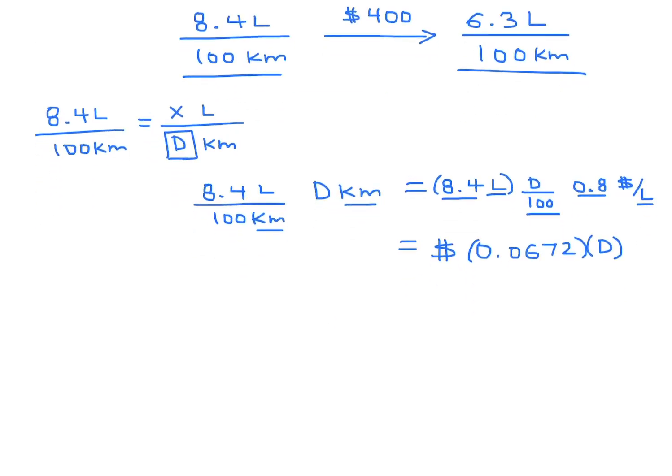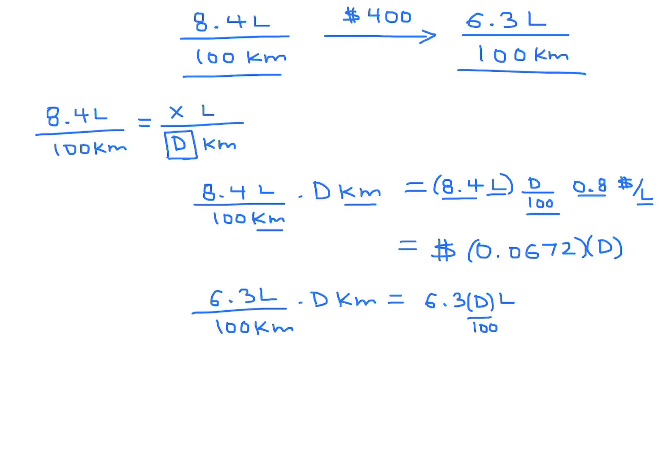And in a very similar way, I'm going to do the same thing, but using this fuel calculation. 6.3 liters over 100 kilometers times D kilometers is how many liters I need for D kilometers. And that would be 6.3 D liters over 100. Okay?